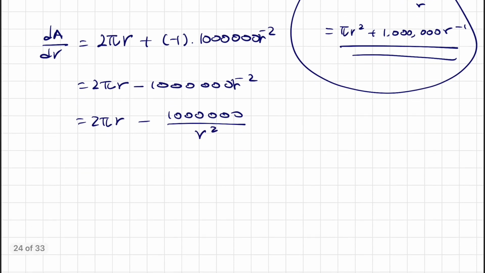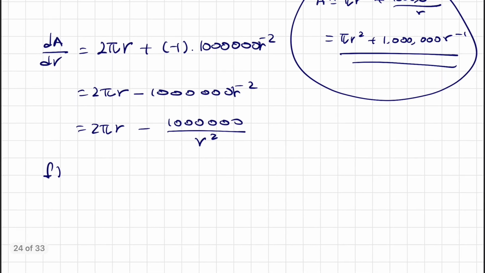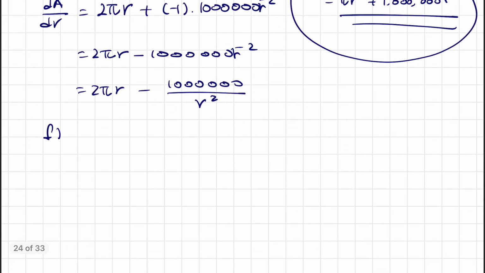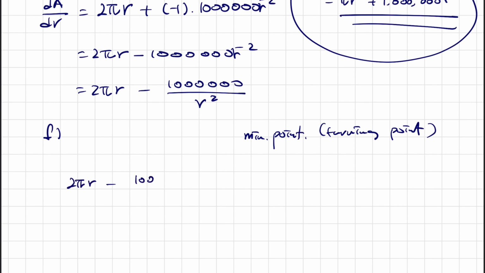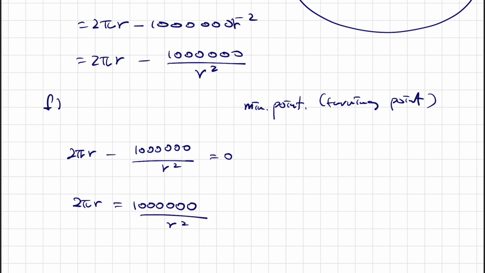Then question F, we need to find the r value that minimizes A. So we are doing F now. It means we need to find the minimum point or the turning point. That means we can set 2 pi r minus the value over r squared equal to 0 and solve for r.